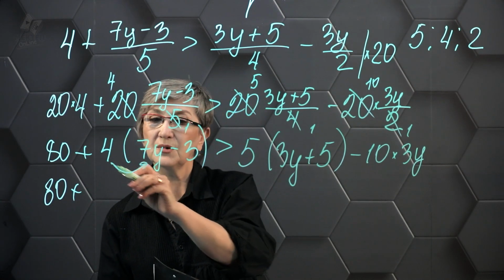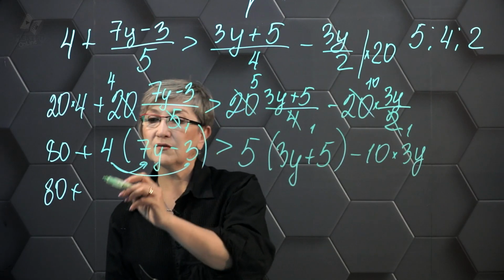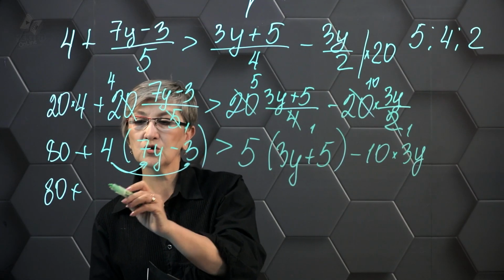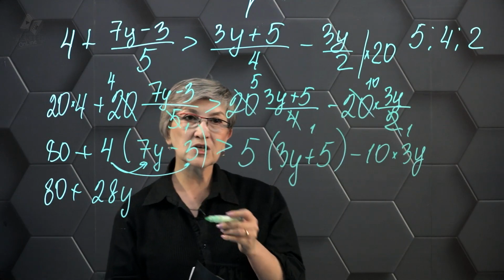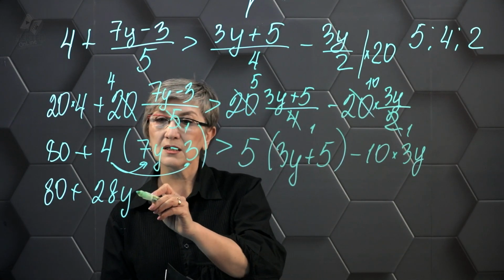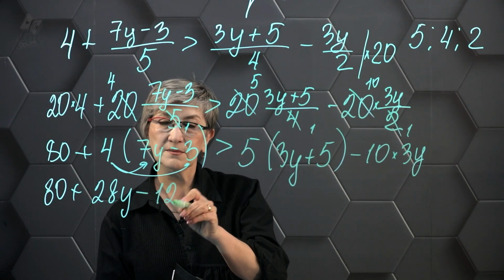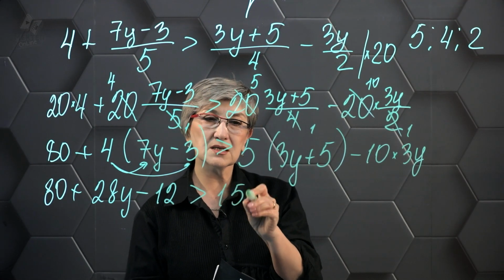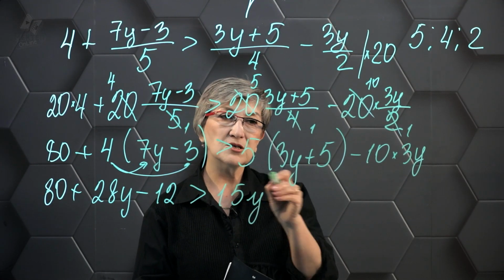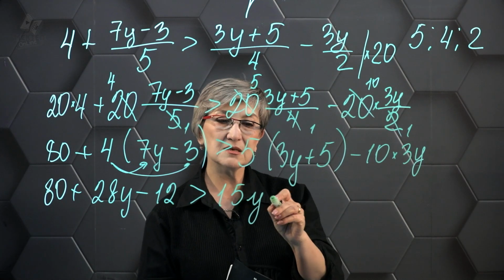We can apply our rule, and as a result, we get 4 times 7y equals 28y. 4 times negative 3 is minus 12. More, 5 times 3y is 15y. 5 times 5 is 25.